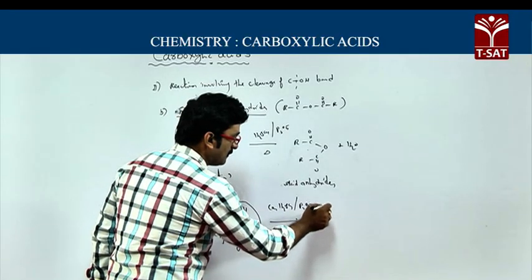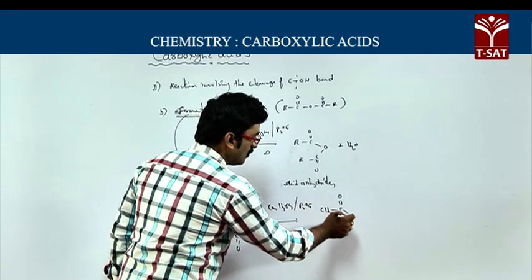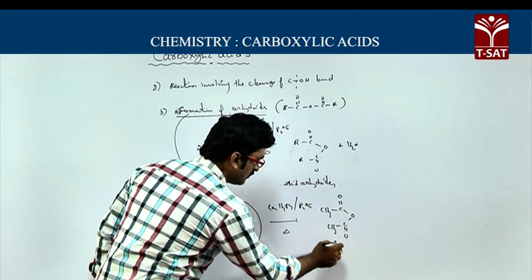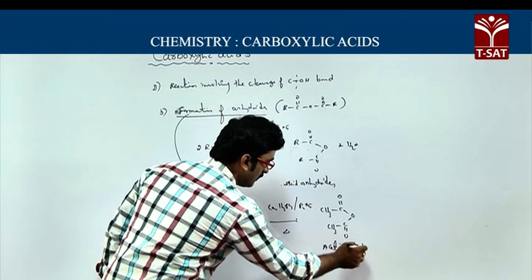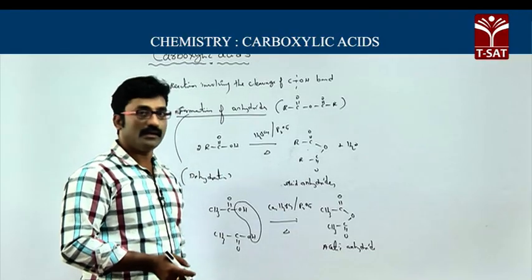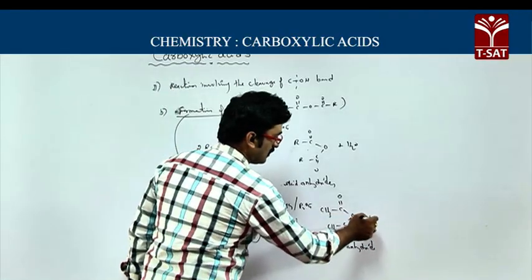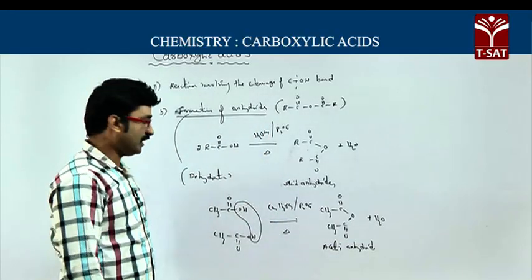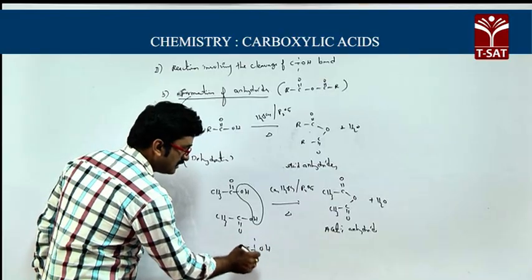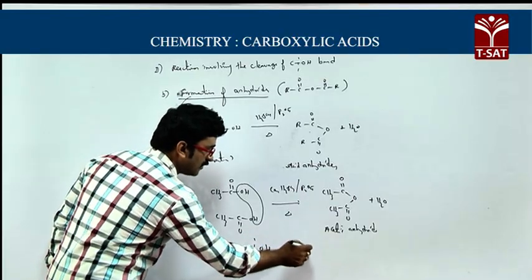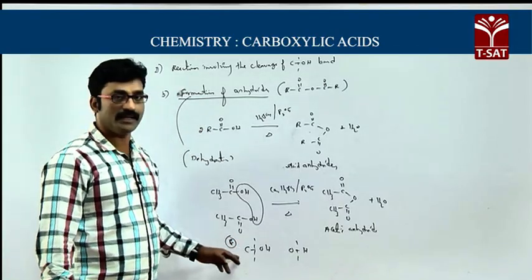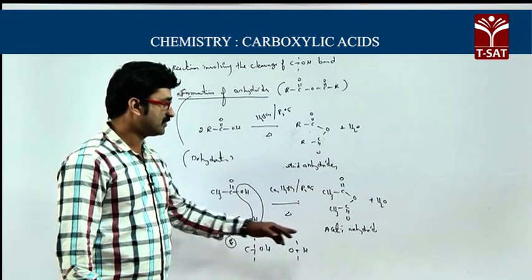So therefore you will get CH3 C double bond O C double bond O CH3, known as acetic anhydride. Okay, acetic anhydride, or else its IUPAC name is ethanoic anhydride plus water. Okay, clear. So in this you see this reaction is involving cleavage of C-OH bond and as well as O-H bond. Very, very important. This reaction is involving cleavage of C-OH bond and as well as O-H bond.